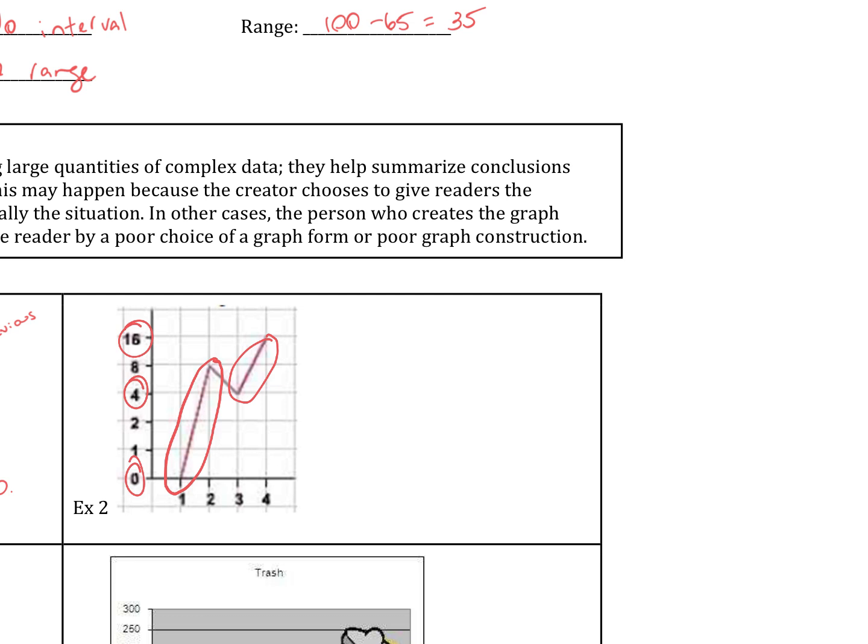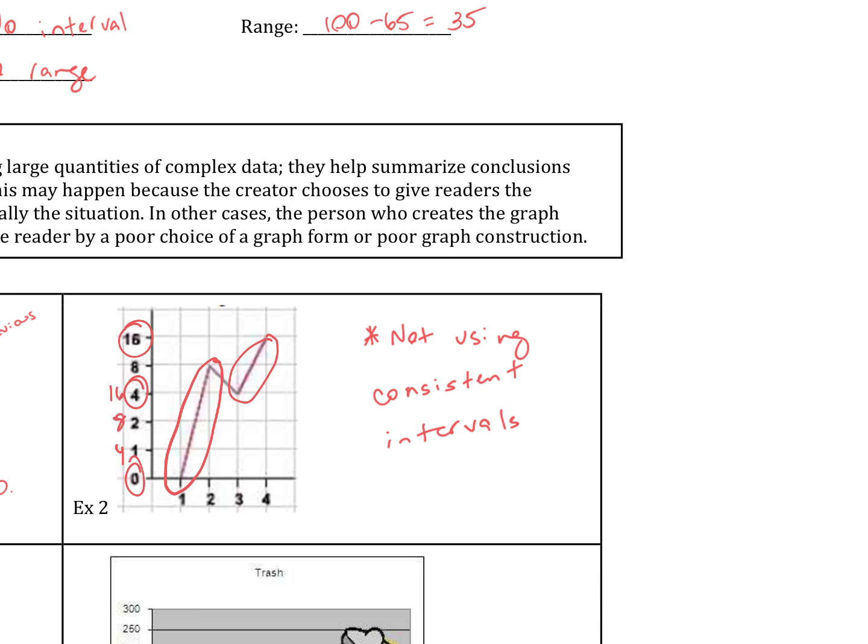And why is this misleading? It's because they're not using consistent intervals. Let's say they use the same intervals. Let's say they went up by 4s, right? 4, 8, 16.